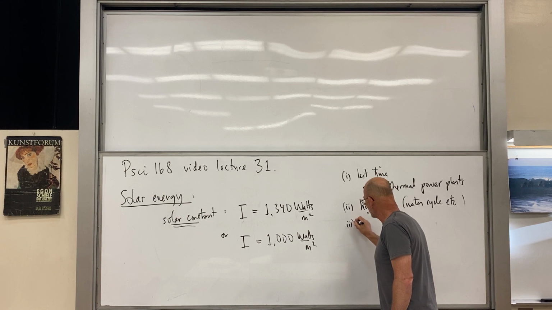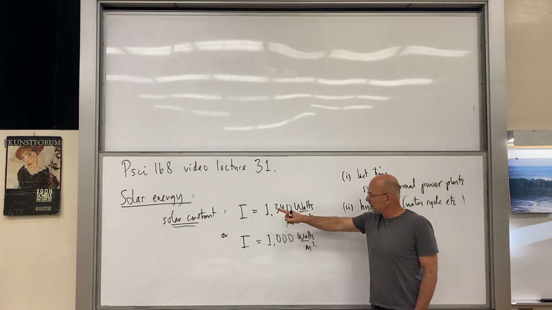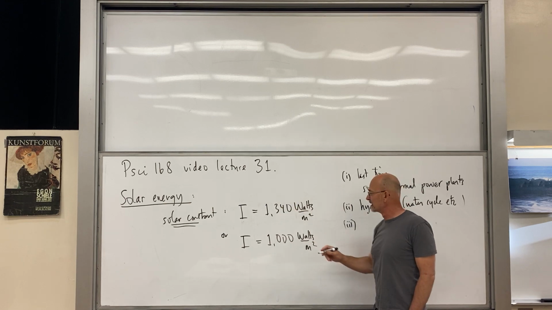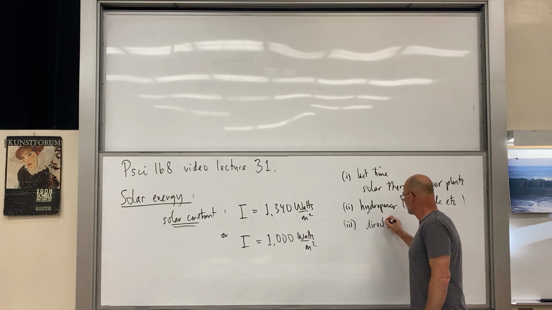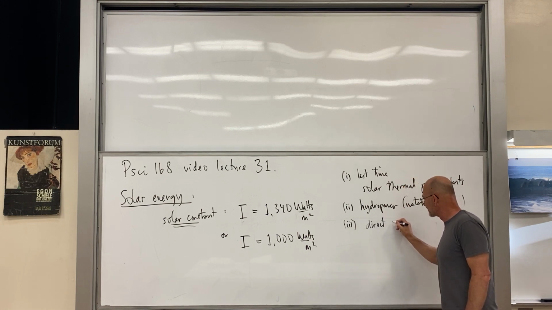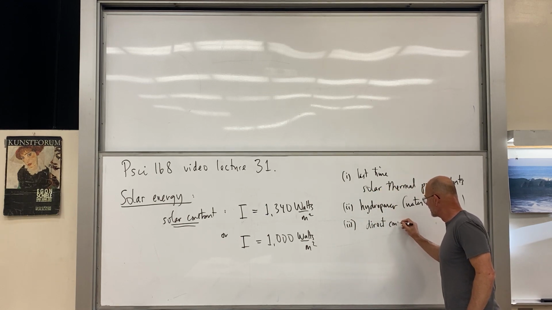Another form is going to be the direct conversion of solar energy to electricity. We will do more discussion of that. I'm just listing it here. Direct conversion to electricity.